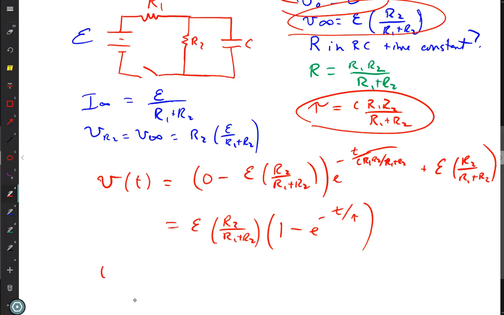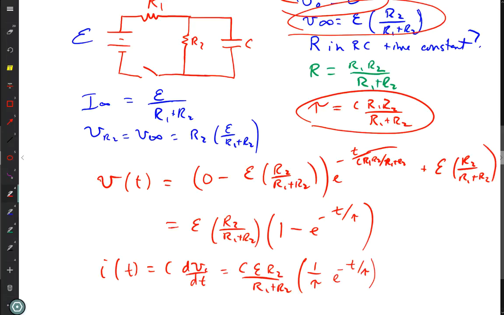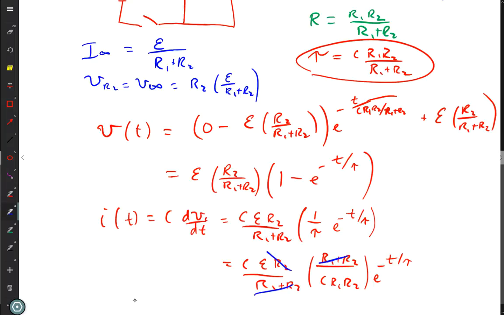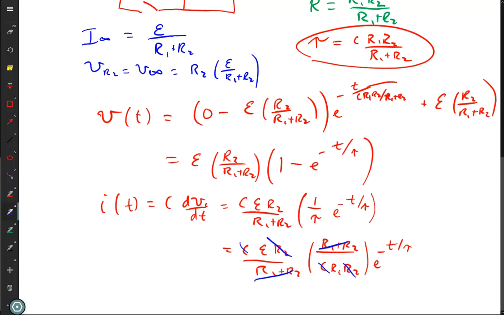So the current is that, which actually turns out to simplify, and you see those cancel, that cancels, that cancels.